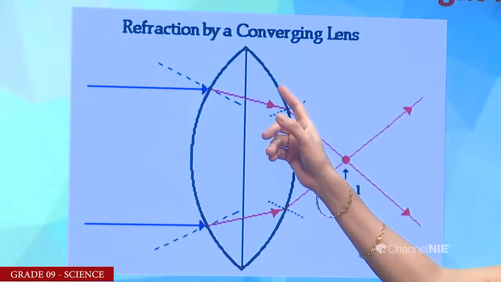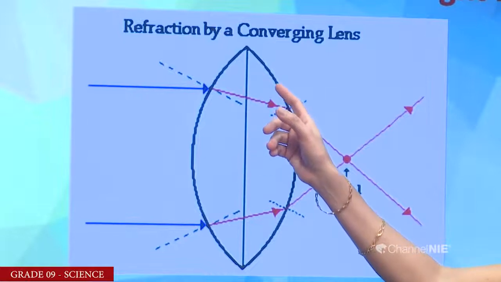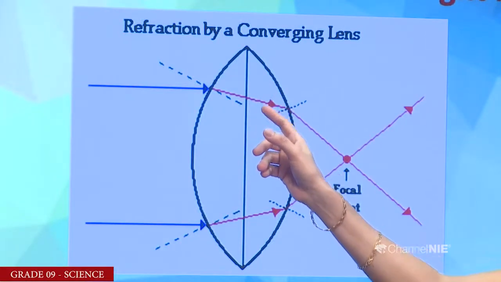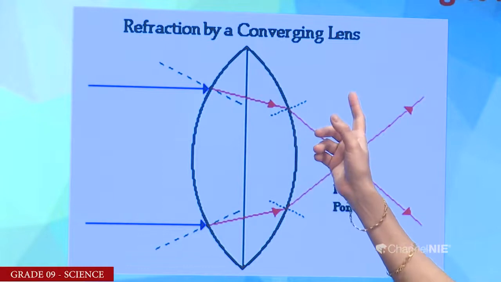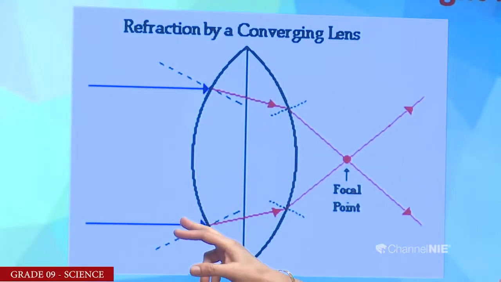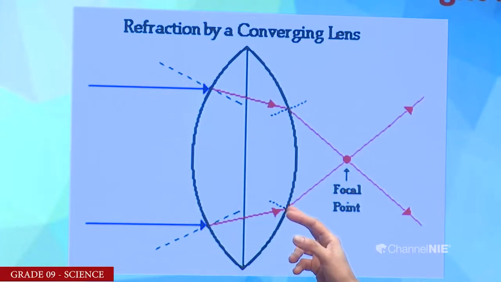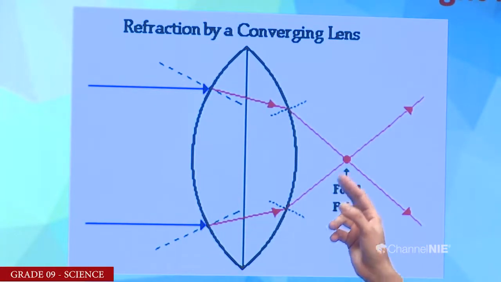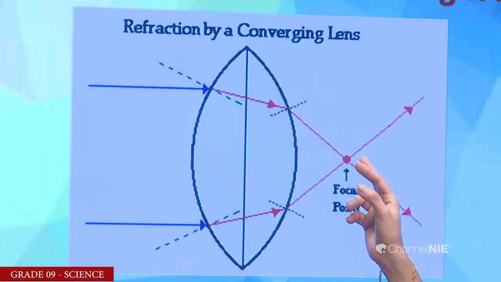That is because this light ray is emerging from glass, the denser medium, to air, the rarer medium. In the same way, this light ray is refracted through the biconvex lens and collected to this point.